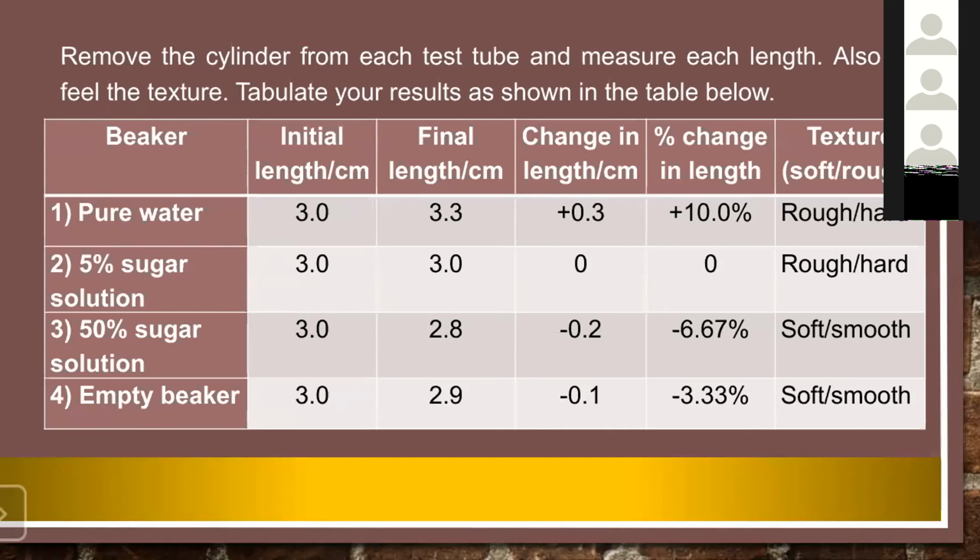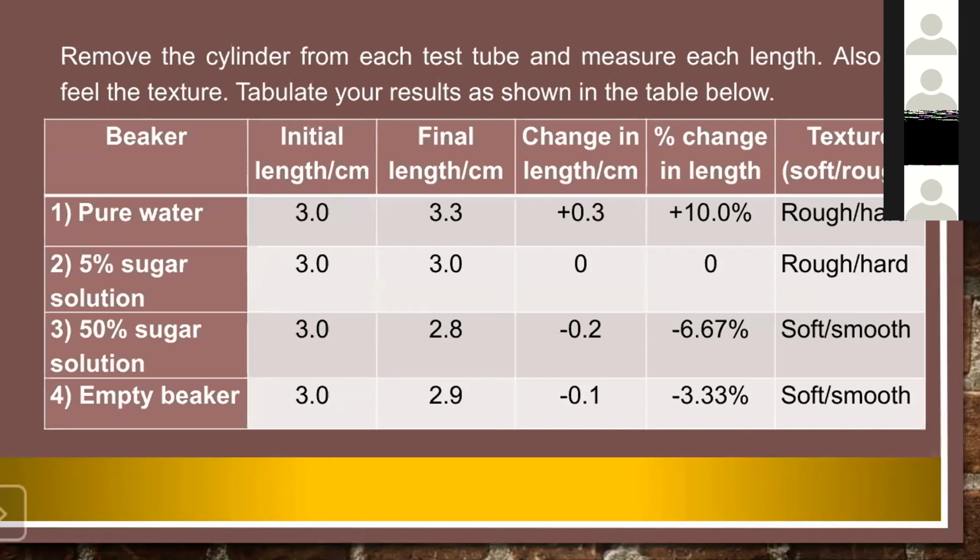Does this happen in our homes? For example, what happens when you bring vegetables and you place them on the table and you leave them for some time? What do you normally see happening to them? They dry up.